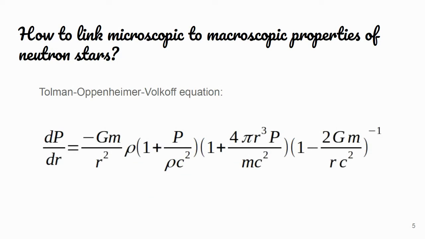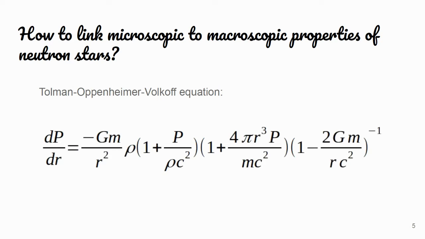So how can one convert macroscopic parameters that we can see into something that we don't see? One approach is to apply equations of stellar structure, for example the Tolman-Oppenheimer-Volkoff equation.